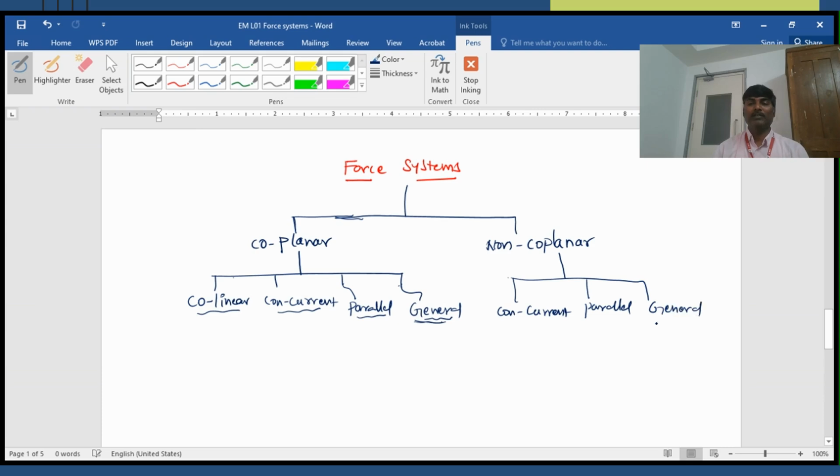Okay, so this is divided into only three categories, because a collinear force system is not possible in a non-coplanar force system. Okay, so this is the categorization of a force system, right? Anyhow, we'll talk in detail about what exactly each force system is in the lectures to come, right?